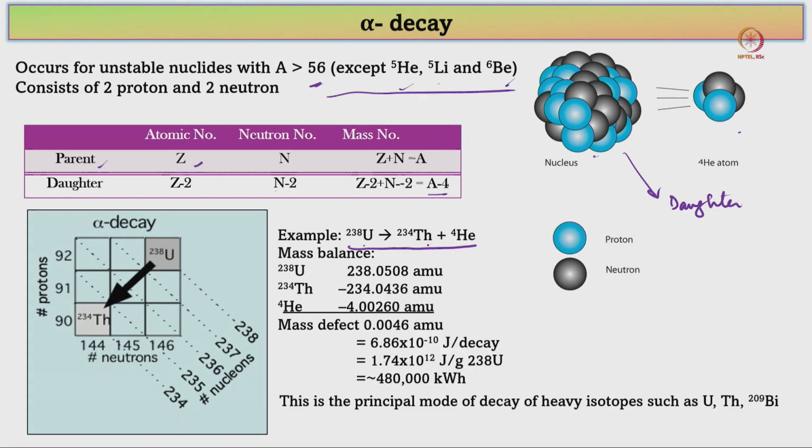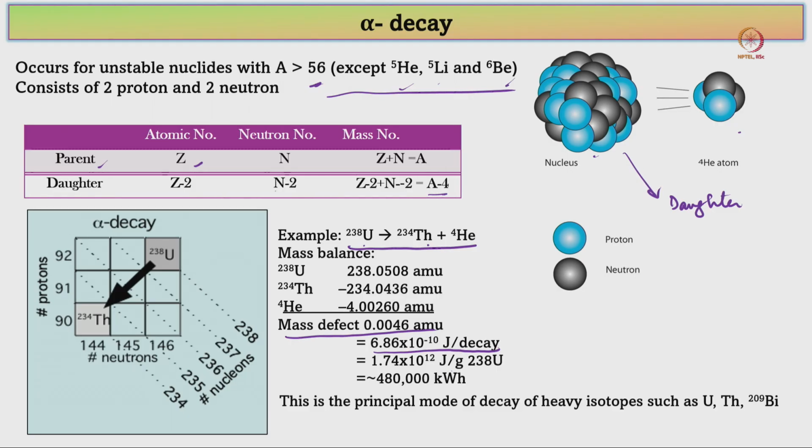And during this entire decay process, how much energy can get generated? You calculate the mass defect. What is the mass defect? How much mass is lost in between. You subtract the masses of 234 thorium and 4 helium and you get the mass defect. You multiply with the C square value and you get the energy that is released per decay.